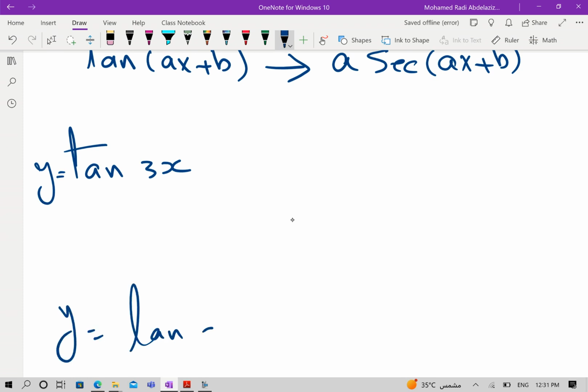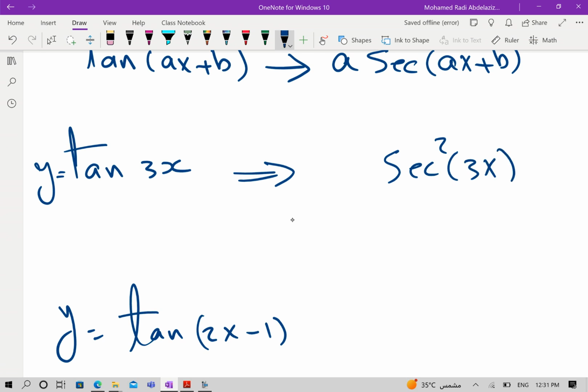Differentiate tan of 2x minus 1. Directly, differentiation of tan is sec squared 3x. Then multiply outside by what? By 3. Again, differentiation of tan is sec squared of 2x minus 1, then multiply by 2.